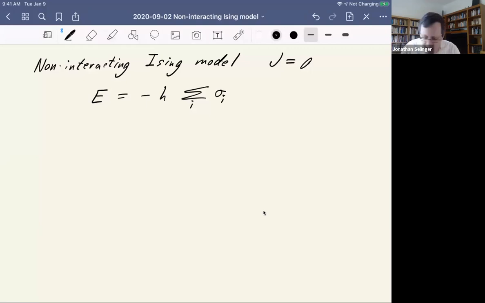This is what I'll do for today, and then later on in the next class I'll talk about how to put in the interactions. Okay, now there are a couple of different ways that you can solve this problem.